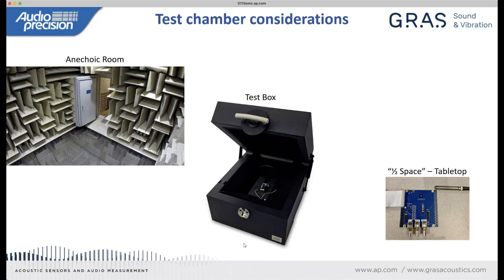And what I'll show to you is that this can actually be quite a good solution for certain measurements. I wouldn't use this to measure directivity, but in our particular situation, we will be able to get phase data for the microphones, and we will actually be able to check their sensitivity.